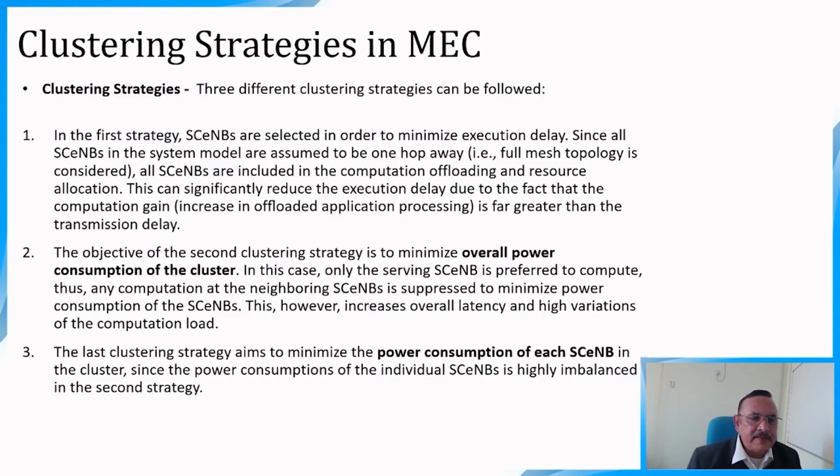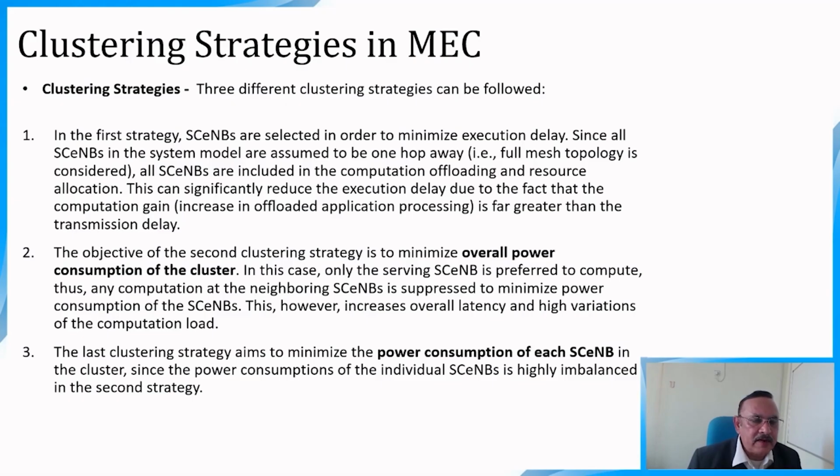The objective of the second clustering strategy is to minimize the overall power consumption of the cluster. In this case, only the serving SCENB is preferred to compute. Thus, any computation at the neighboring SCENB is suppressed to minimize the power consumption of SCENBs. This, however, increases overall latency and causes high variation of the computation load.